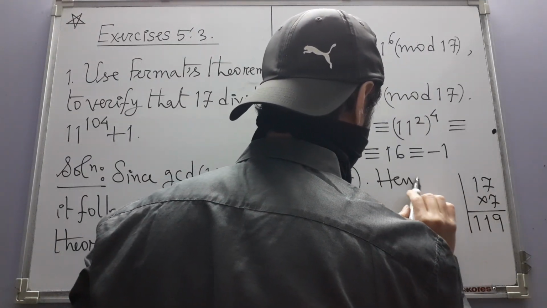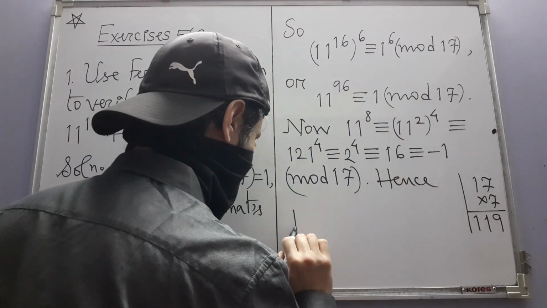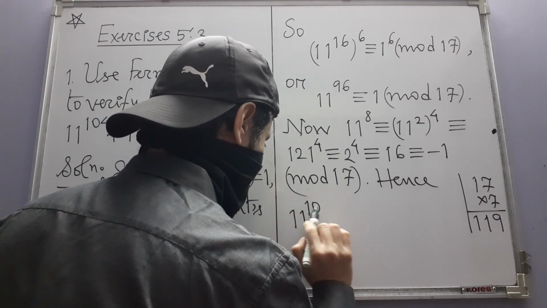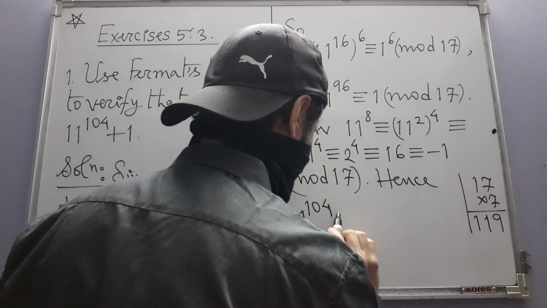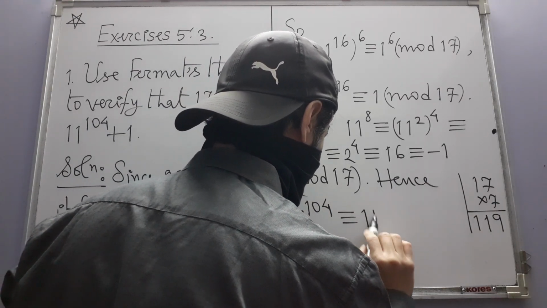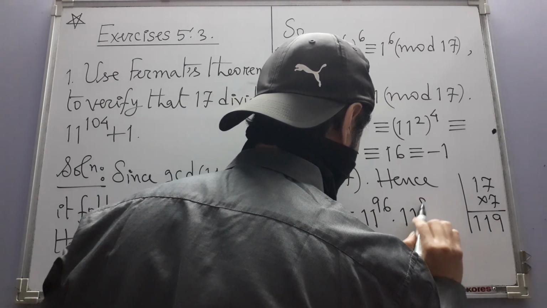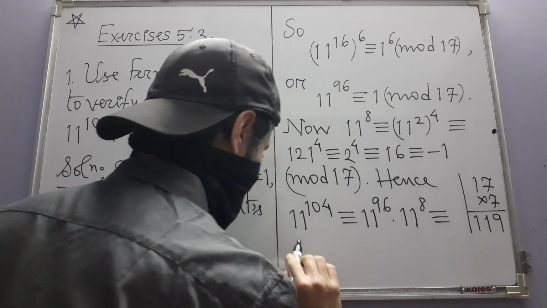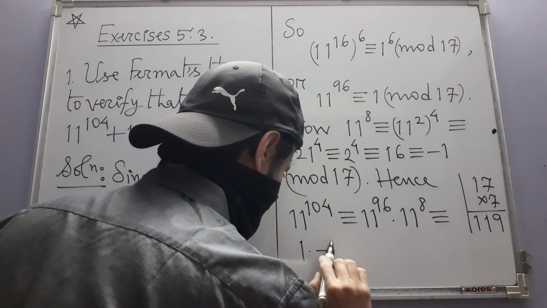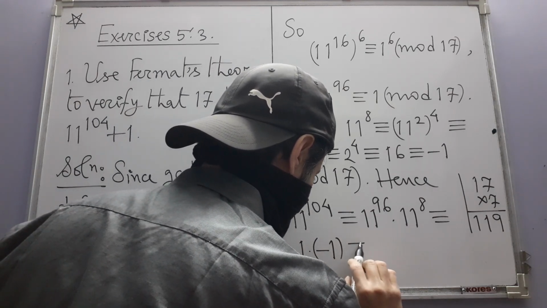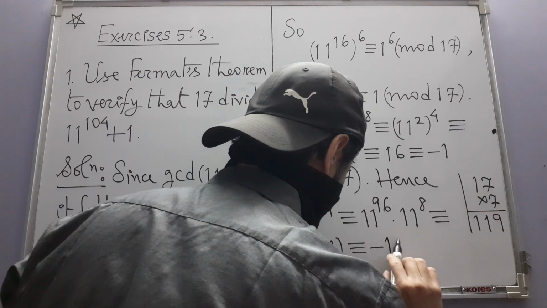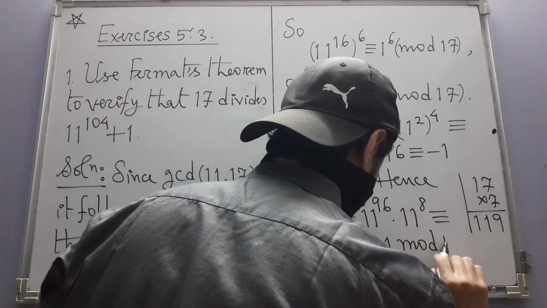Hence, 11 to the power 104 is congruent to this, which is congruent to 1 times minus 1, which is congruent to minus 1 mod 17.